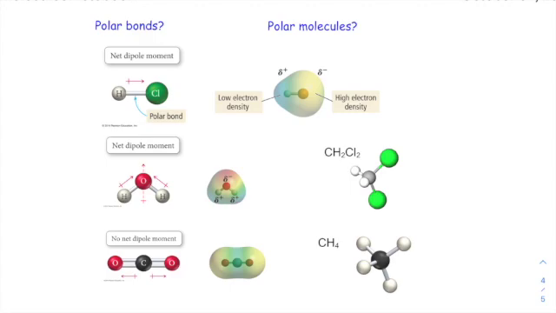Helpful hints. Hydrocarbons are nonpolar. If it is just hydrogen and carbon, it's nonpolar. There are a few exceptions to that, but none that you will be responsible for knowing about.